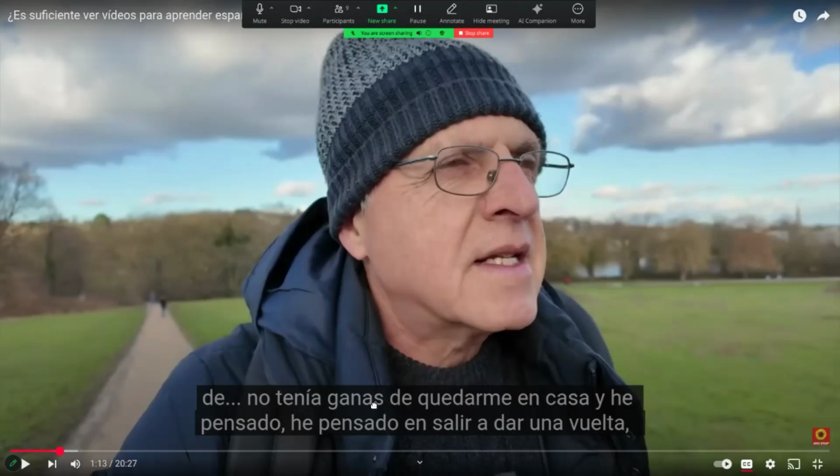And here is the little magic word that automatically signals I can't conjugate. The little word de. No tenía ganas de. I didn't feel like. Staying at home. I didn't feel like staying at home.